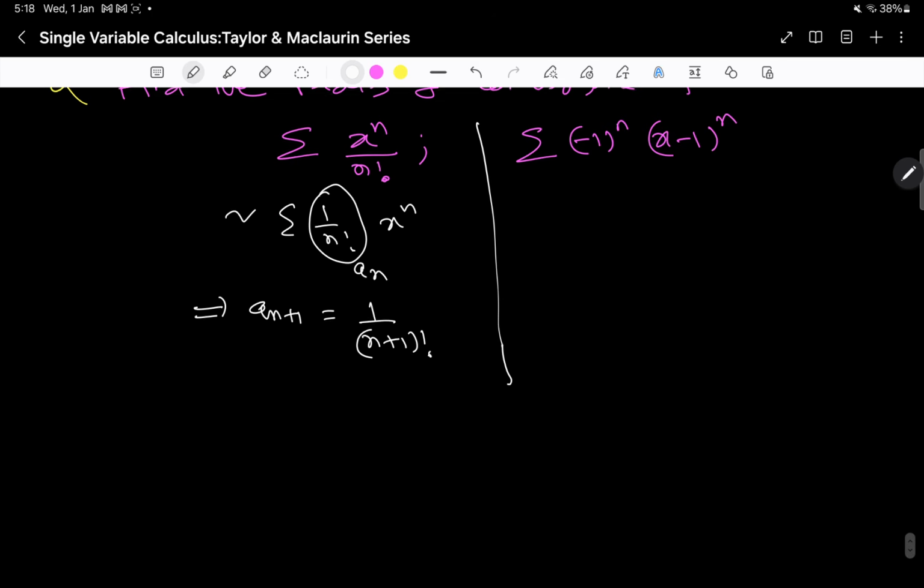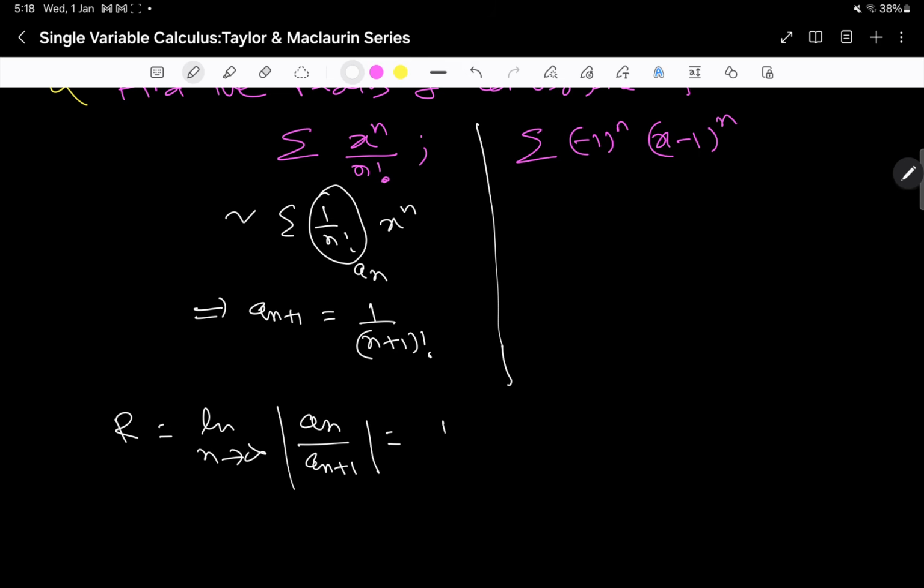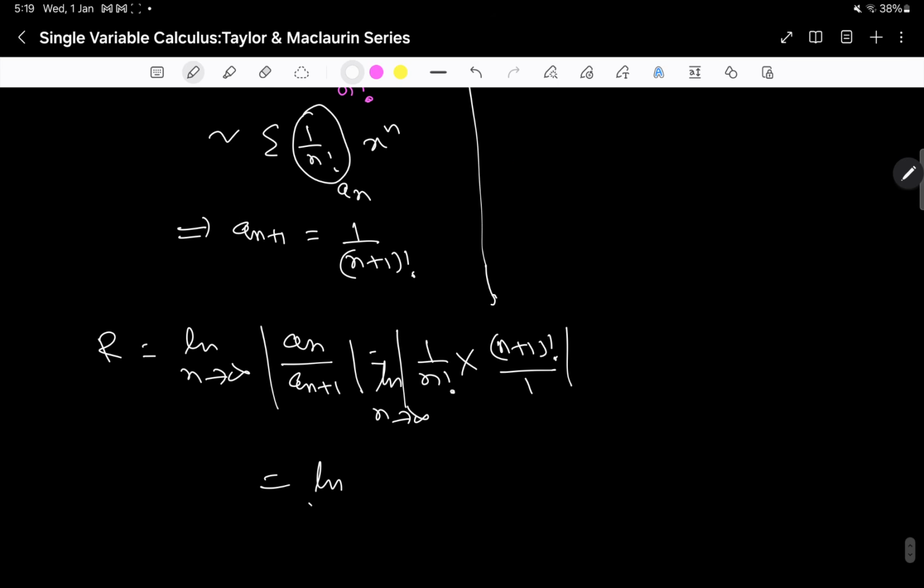Now what is my radius of convergence? My r = limit n tends to infinity |an / an+1|. So an is 1/n!, and this is reversely multiplied by (n+1)!/1, modulus, limit n tends to infinity. So this is equal to limit n tends to infinity (n+1) n!/n!.